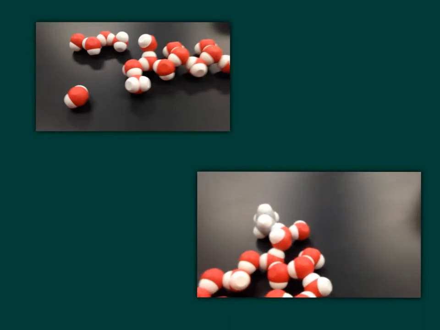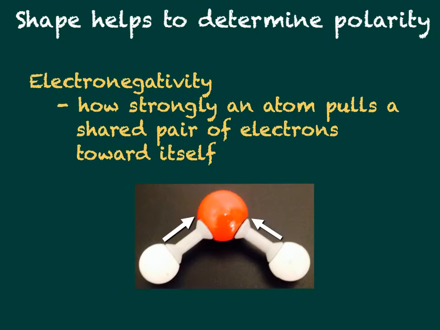Now, why is this? It is because the polarity of the oil molecule is different than that of the water. So the shape of the molecule helps to determine the polarity. And we can tell if a bond is polar based upon electronegativity. The electronegativity is a measure of how strongly an atom pulls a shared pair of electrons toward itself. Now, oxygen is very electronegative.